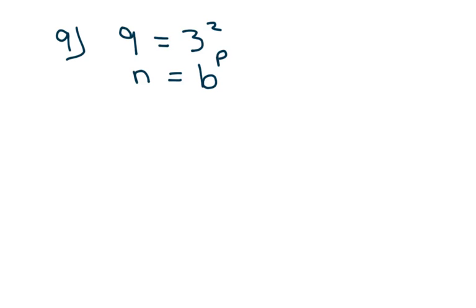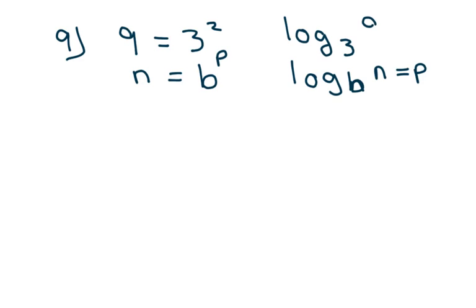And so we're going to change it to log base of n equals your power. So this is going to be log, your base is 3, your value is 9, and your power equals 2. Okay, that's all we're doing.